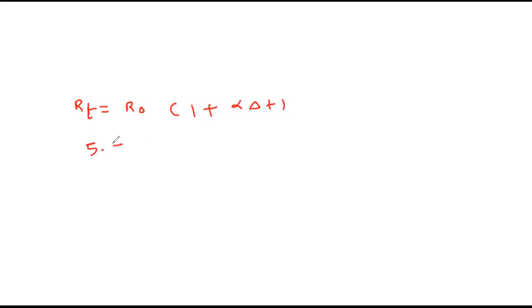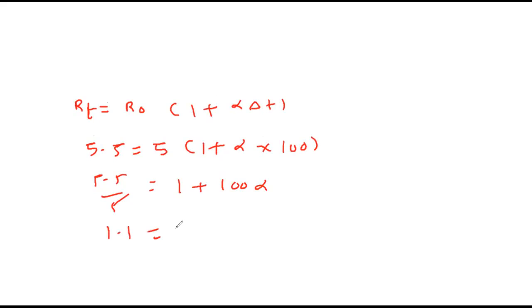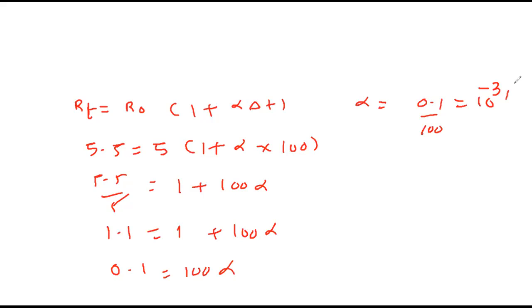R1 is 5.5, R0 is 5, change in temperature is 100. So 5.5 upon 5 is 1 plus 100 alpha. 1.1 is 1 plus 100 alpha. So 0.1 is 100 alpha. Therefore, alpha is 0.1 upon 100, which is 10 raised to minus 3 per degree Celsius.